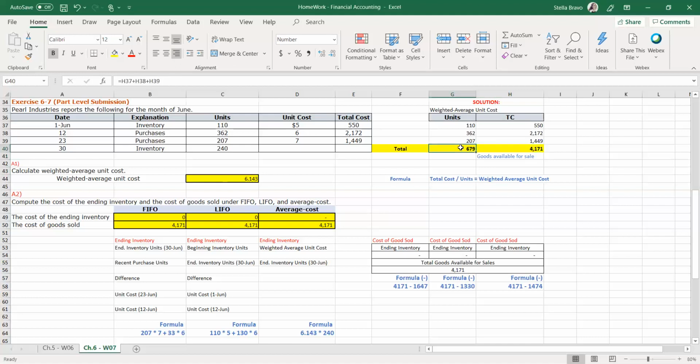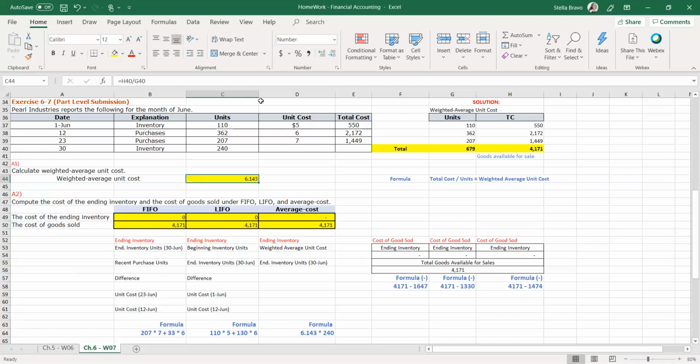When we find these two amounts, it's easier to get our weighted average unit cost. We just need our goods available for sale divided by the units available for sale.